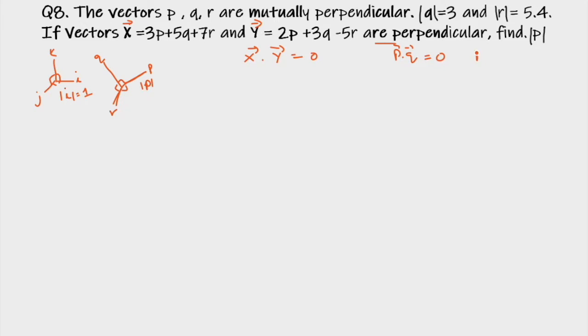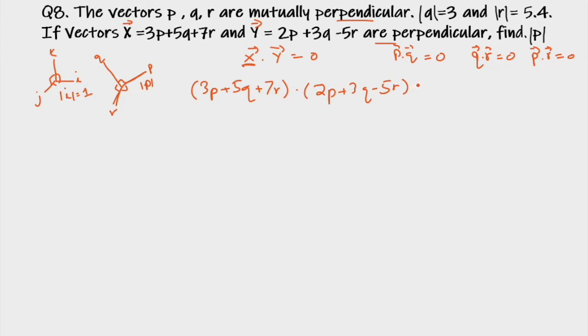Similarly Q and R is 0 and P and R dot product is 0. All three, because they are perpendicular to each other, their dot products are going to be 0. That means if I write 3P plus 5Q plus 7R dot 2P plus 3Q minus 5R, that dot product will be 0.